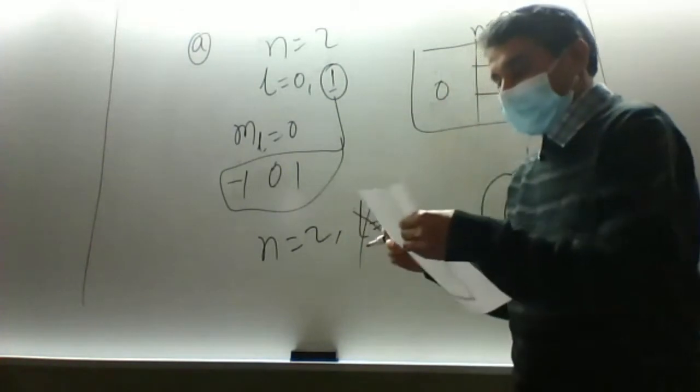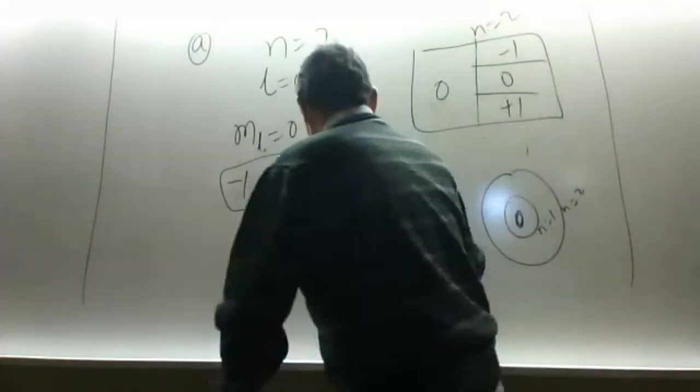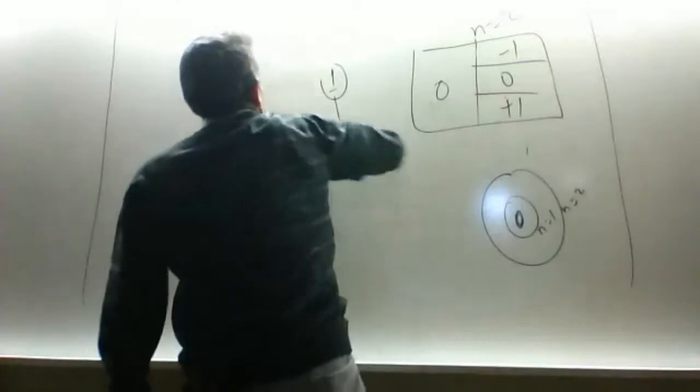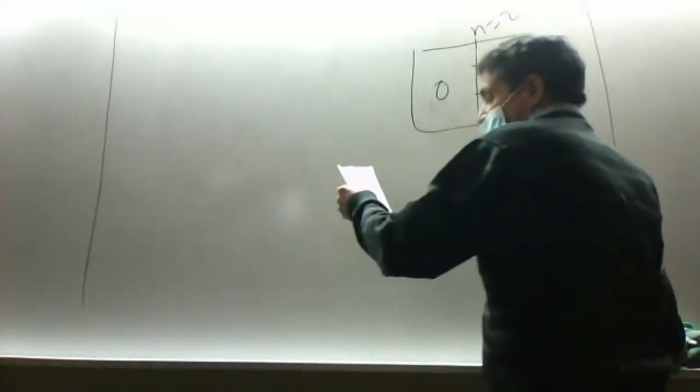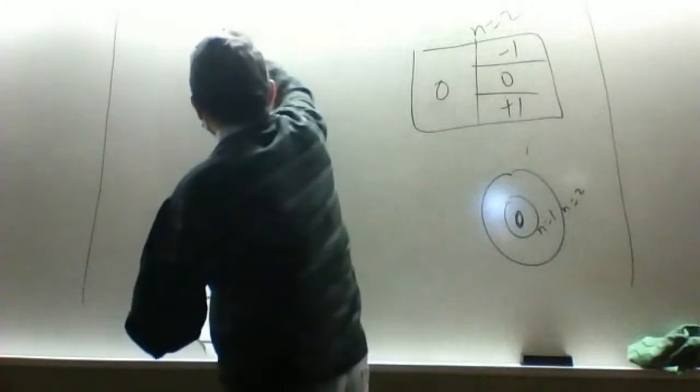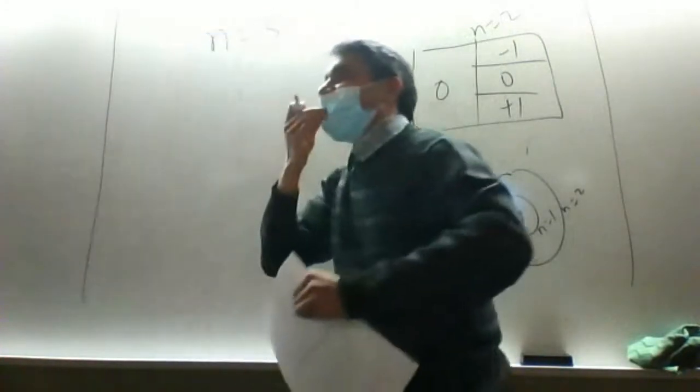Number A done. Now I'm going to do number C. I also posted that in a PowerPoint slide, so you can probably look there too. Let's say n is equal to 3 here, just like the big house, right?